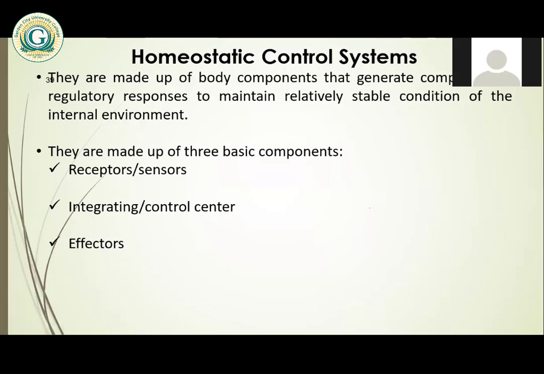Then you have some nerves taking this change as information to the integrating center. The integrating center here is either the brain or the spinal cord. Then the brain or spinal cord interprets the information and brings out a response to an effector. The effector can be a muscle or gland that would enable an activity to occur to correct the change that has happened.